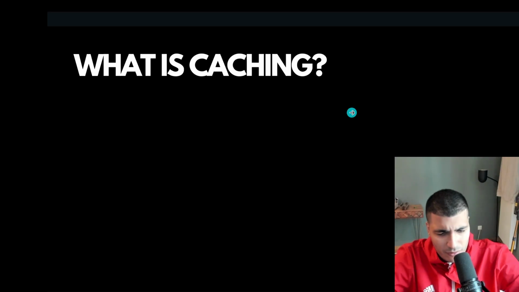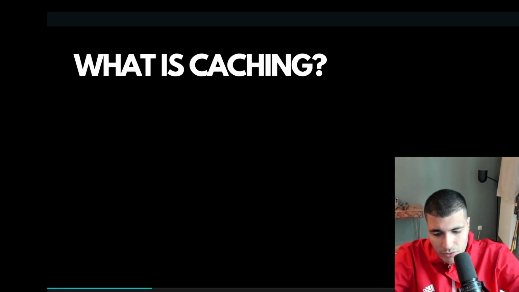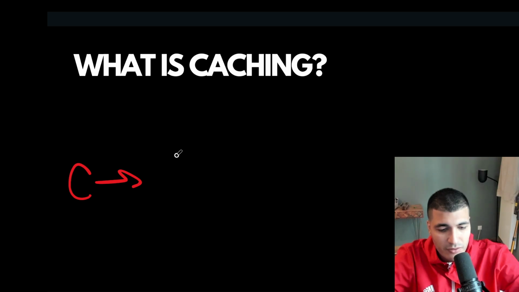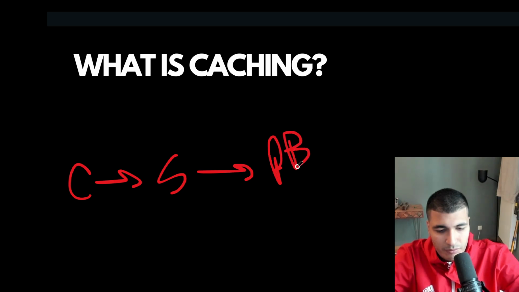How is this happening? Let's just take an example. Let's say that we have our application, a client, and the client sends a request to our application server. The server fetches the data from the database, and the database sends the data the server wants to fetch back, and it will be sent to the client.